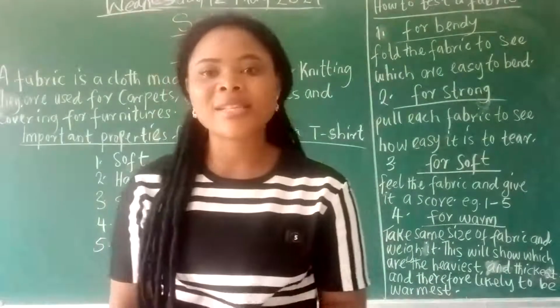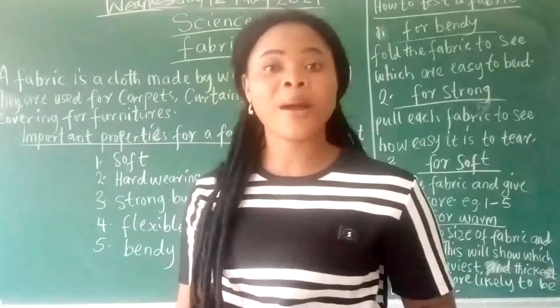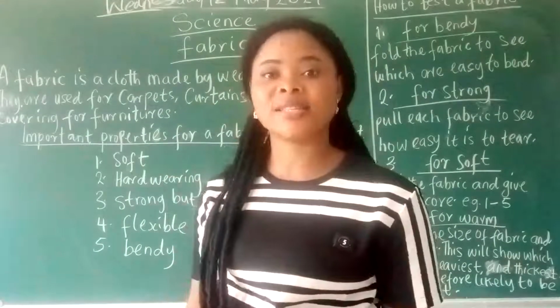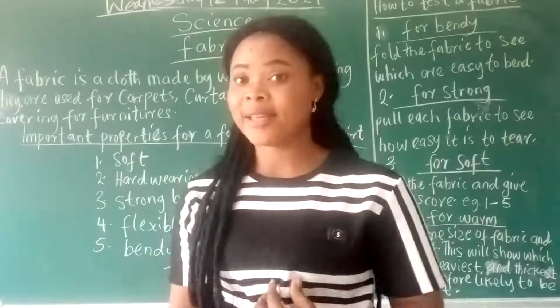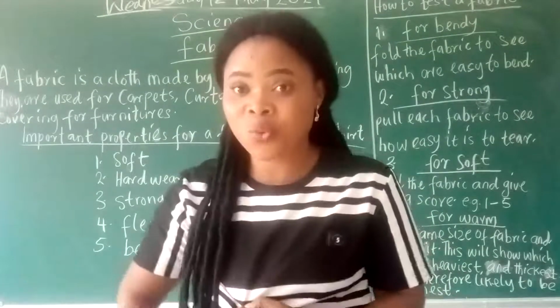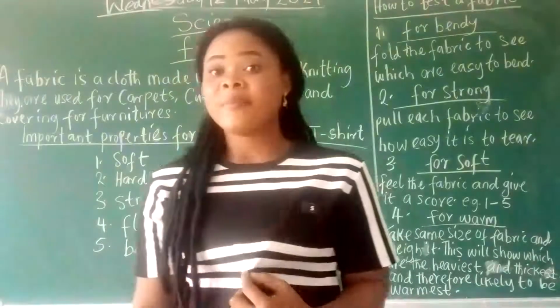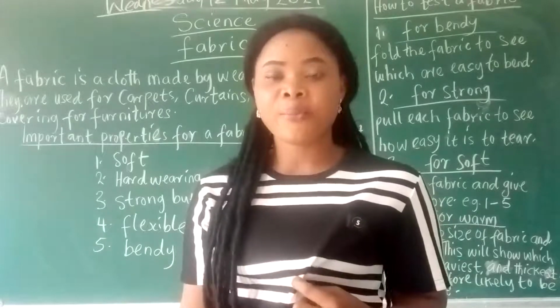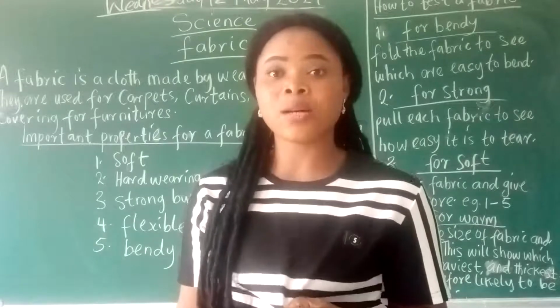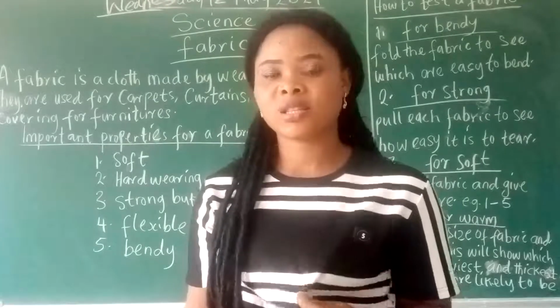So what are the important properties a fabric for a t-shirt must have? Like this is a t-shirt. I'm putting on a t-shirt. What are the properties it must have? This is my t-shirt. You can see it's soft. So one of the properties a fabric for a t-shirt must have is what? It must be soft.